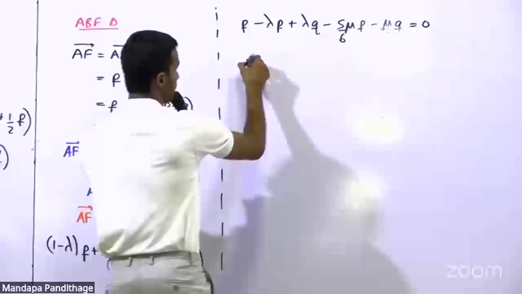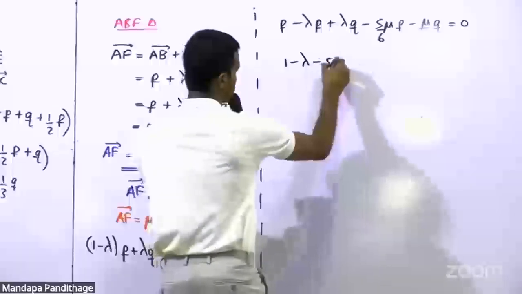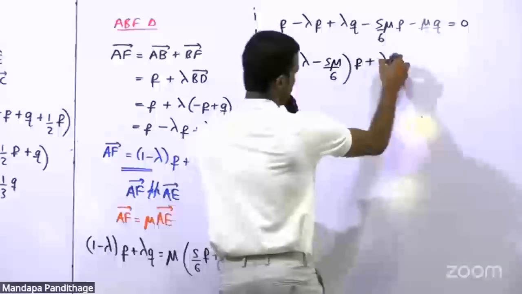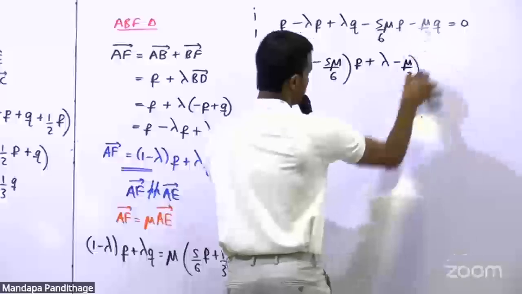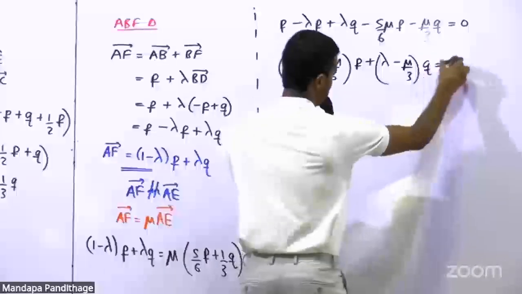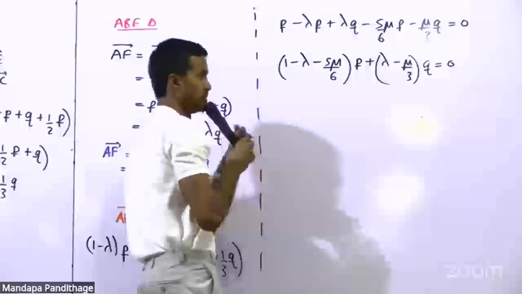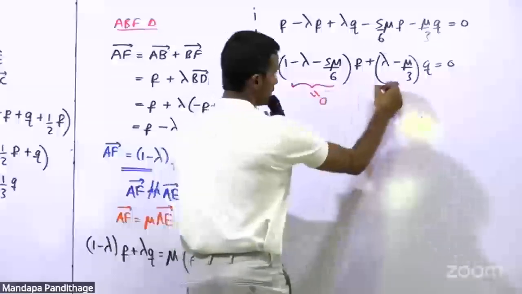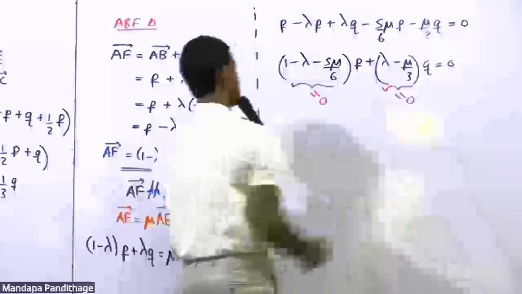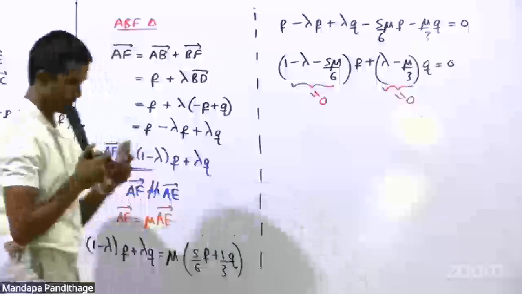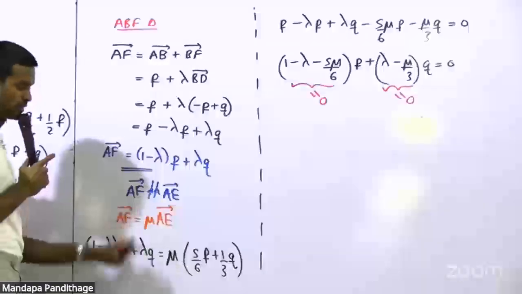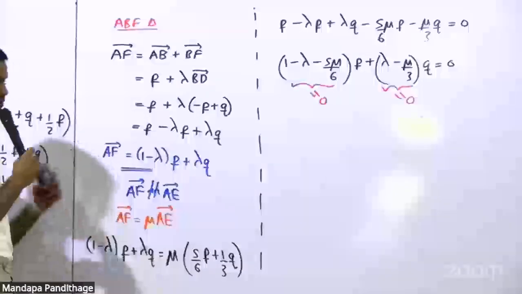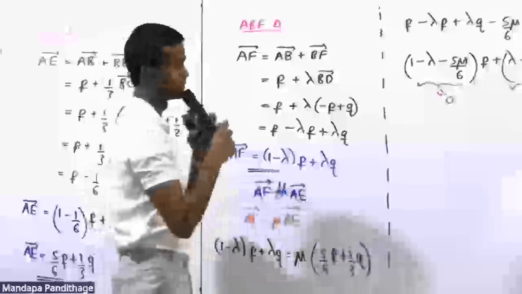So you get 1 minus lambda minus 5 mu over 6, times P, plus lambda minus mu over 3, times Q, is equal to 0. I'm not going to simplify because this is a homework question. You can make this equal to 0, this equal to 0, and get the answer of lambda. Clear? That is how I brought another unknown term into the question, because I told you there should be two unknown terms and we can solve the problem in this way. Okay, do the work, complete the work.